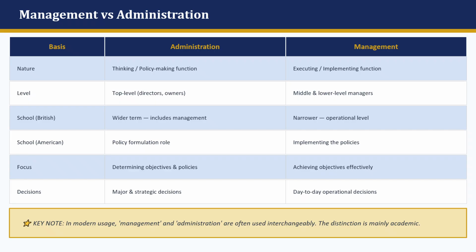Administration deals with strategic decisions, while management deals with day to day operational decisions. According to the British School, administration is a wider term that includes management, whereas in the American school, administration refers more to policy formulation and management to implementation. Administration focuses on determining objectives and policies, while management focuses on achieving those objectives effectively.